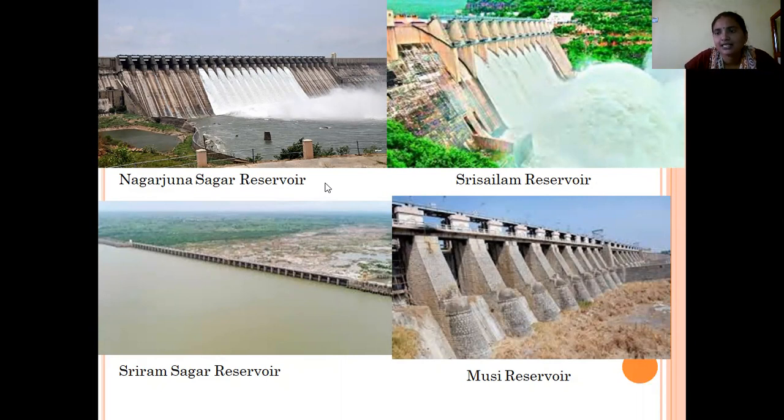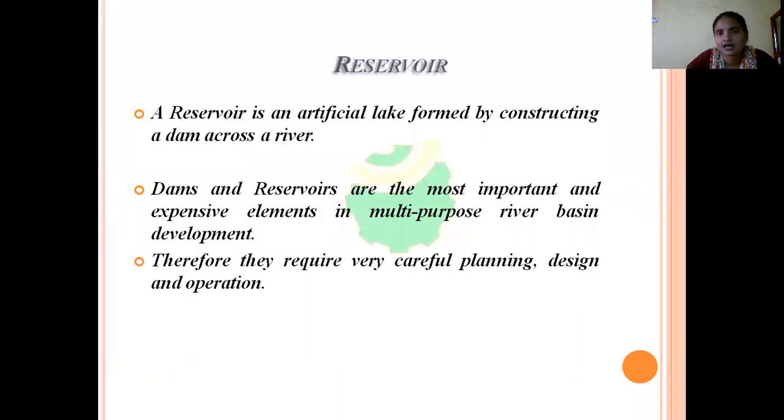And the structure constructed to store the water is called the dam. Both are interlinked. Where the dam is constructed, automatically a reservoir is formed. Where the reservoir is formed, there the dam is already constructed. So reservoir and dam are interlinked.